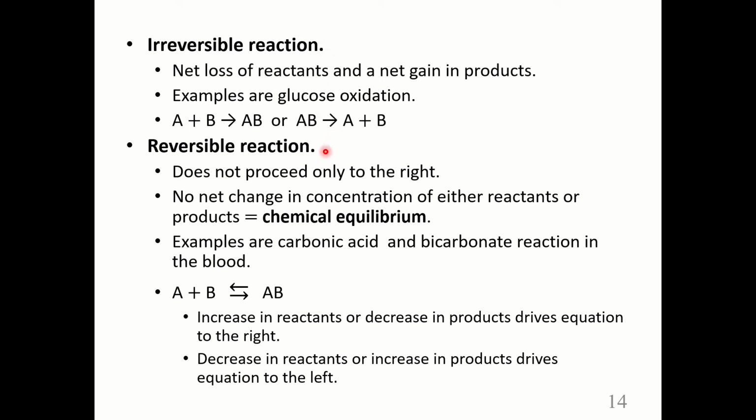In a reversible reaction, the reaction does not only proceed to the right, so we're not only making products. There's going to be no change in the concentration of either the reactants or the products. We're actually going to go towards what's called chemical equilibrium. An example of this is the carbonic acid and bicarbonate ion reaction seen in the blood.